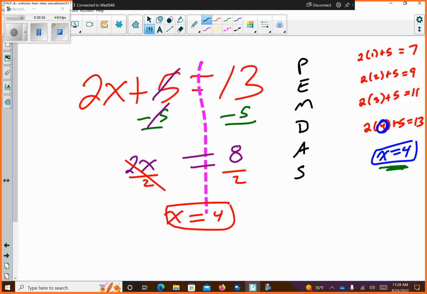So when we are solving, we're not going from top down, because look what I did first. What was the green thing that I did first? Subtract. And then what was the purple and red thing I did? So I went backwards on PEMDAS. And again, no one ever told me that when I was in school.